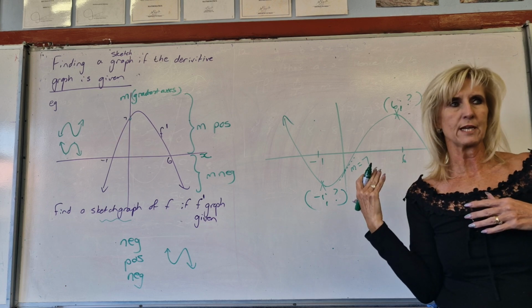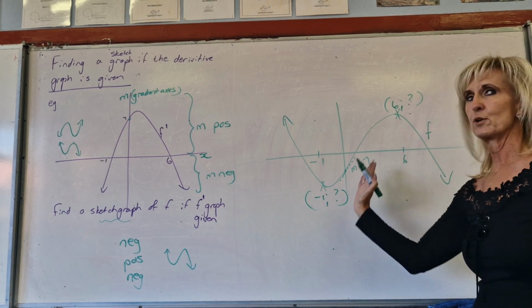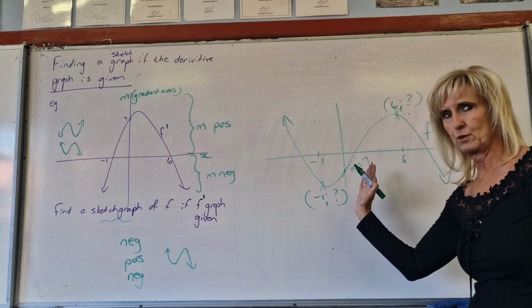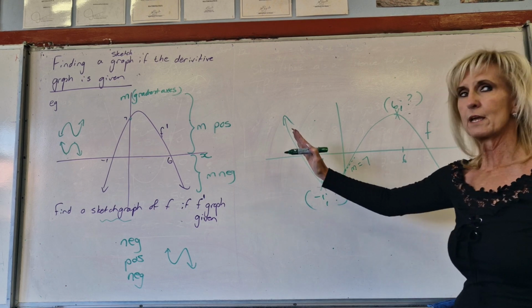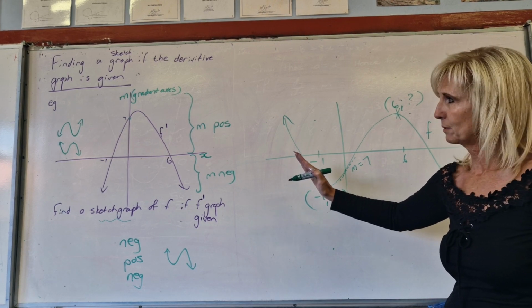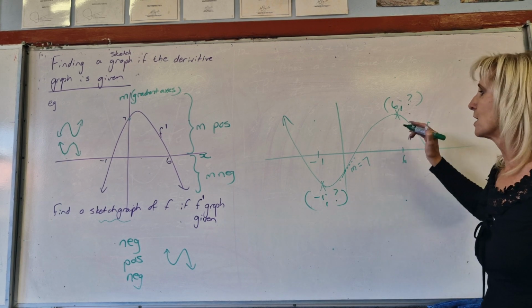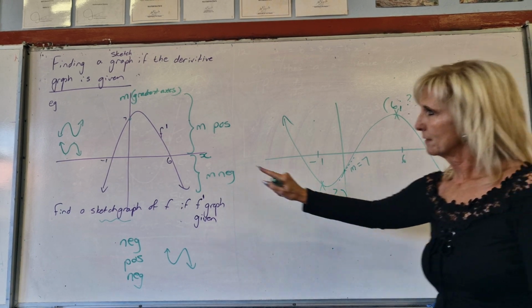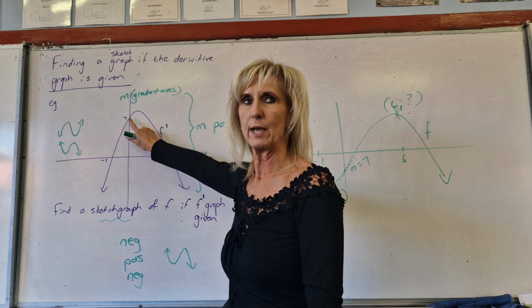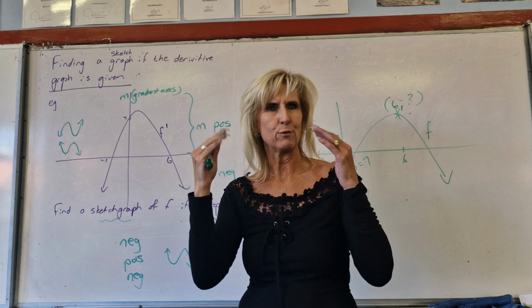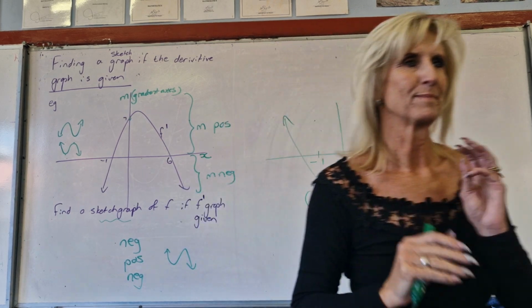Doesn't mean anything to my sketch, but it applies. Positive gradient. Are you with me? If there was anything over here, would it be negative? Are you with me? Okay. So the gradient is 7 at the point where x is 0. It's way backwards. Agreed.